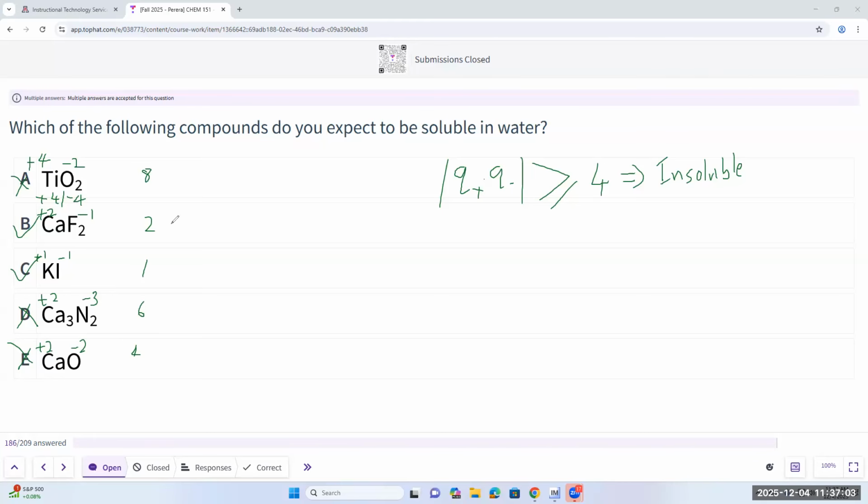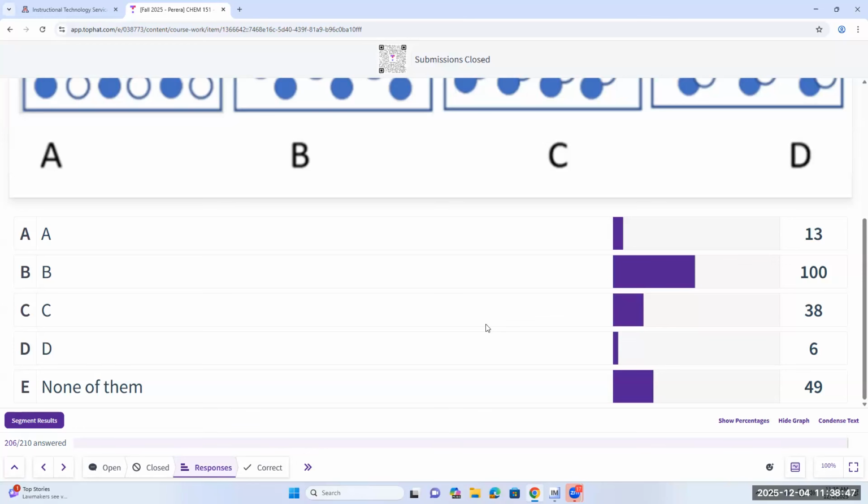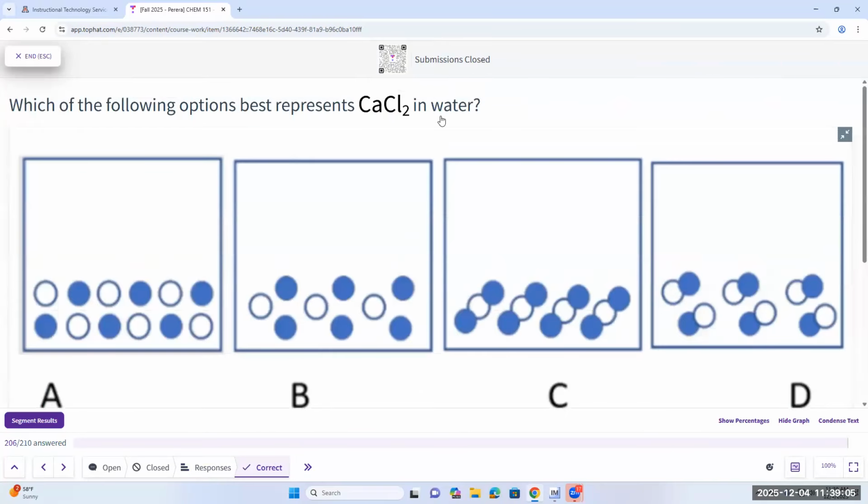Calcium chloride, is it soluble or insoluble? Everybody, I need your answers. It's a soluble compound, right? Here's the thing. If the ionic compound is soluble, when you put it in water, it's going to separate into individual ions. Meaning, the correct representation for calcium chloride in water is none of these. The correct answer is none of them. The reason is you're not going to get this anymore. What's going to happen is they're going to be separated.